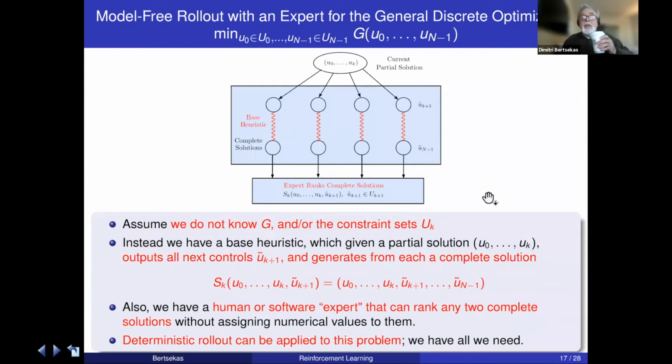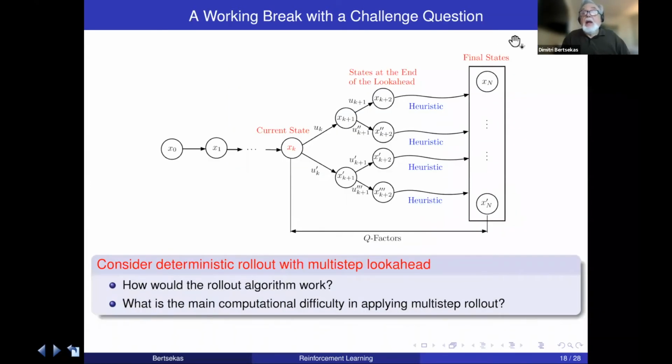Have any questions here? Okay, so we have considered several variations. Now let's take a break before we go into stochastic rollout, rollout for stochastic problems. One variation that we did not consider is rollout with multi-step look ahead.